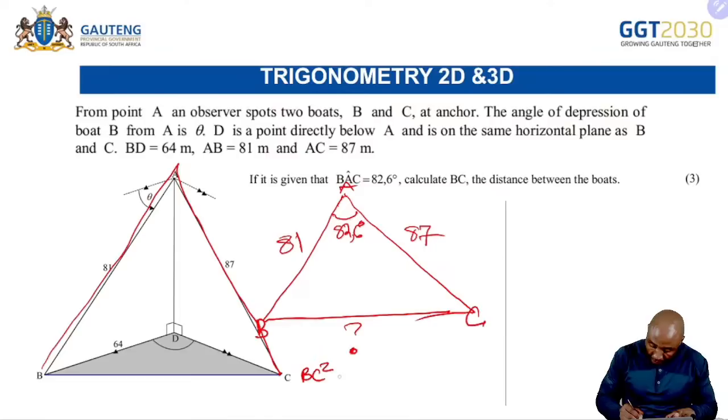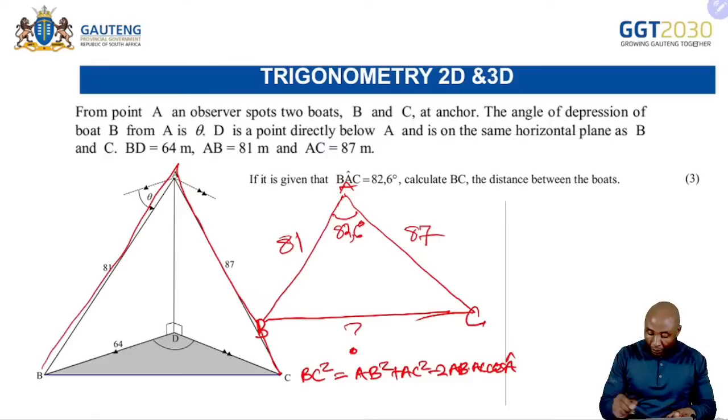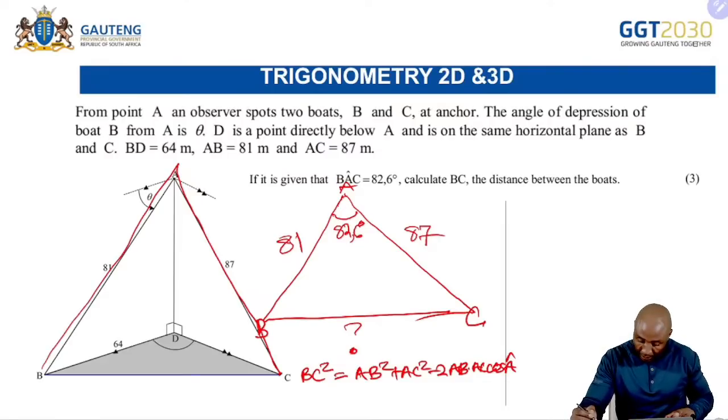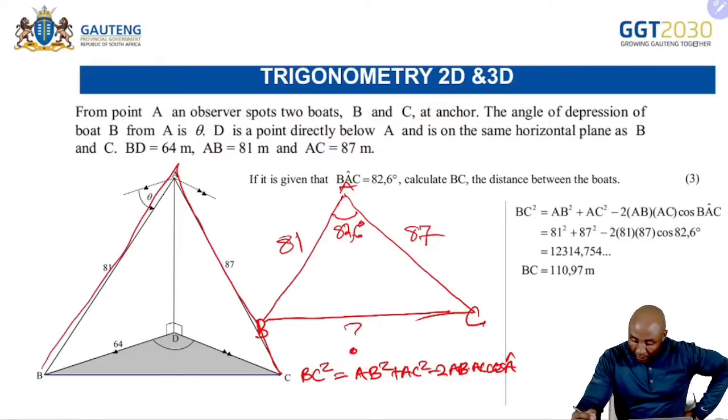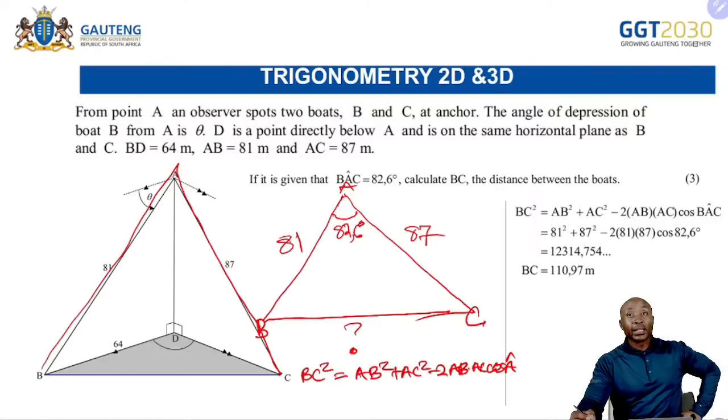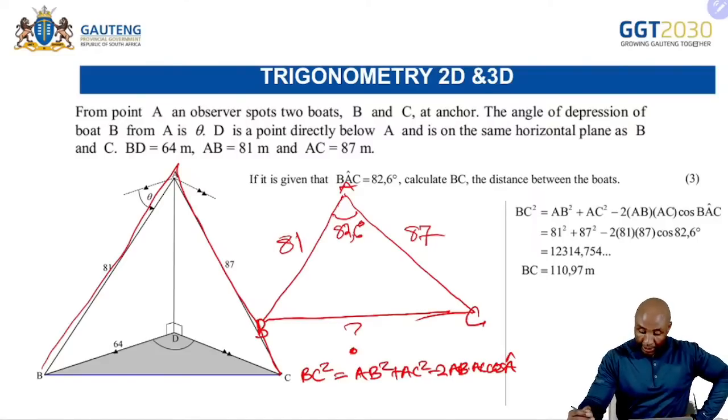BC squared is equal to AB squared plus AC squared minus 2AB times AC cos of A, which is 82,6 degrees. You substitute that into the formula, you'll get the distance BC as 110,97 meters.